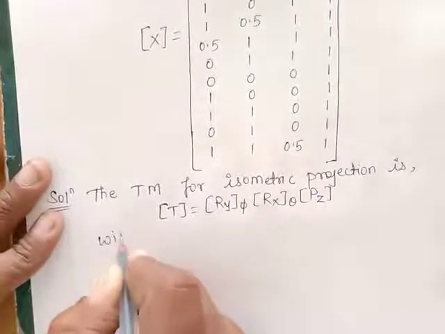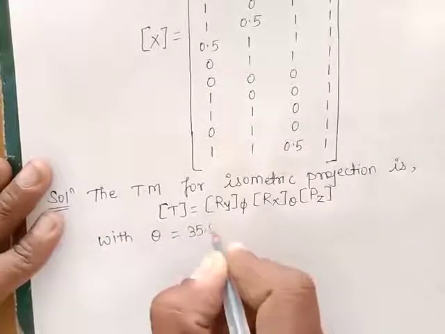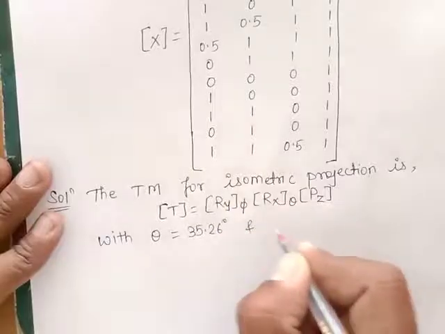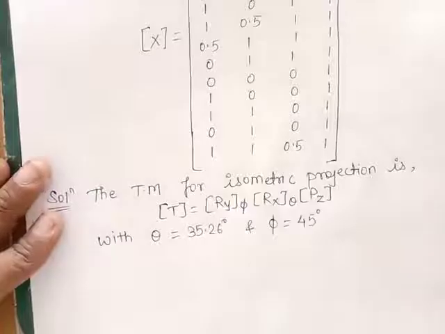With, we know theta is what? 35.26 degree and phi is what? 45 degree. Obviously plus minus are they.